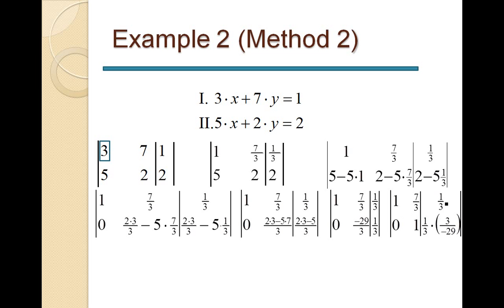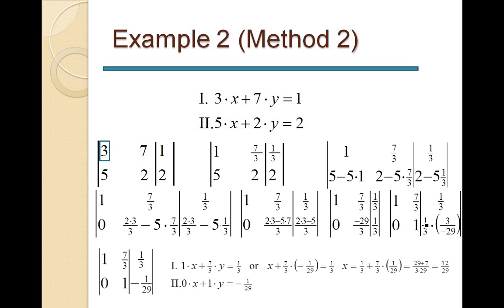The first row didn't change. If I multiply this row out, 0 times 3 over minus 29 just gives 0. Minus 29 over 3 multiplied with 3 over minus 29 gives 1, which is here, and 1 over 3 multiplied with 3 over minus 29 gives minus 1 over 29.